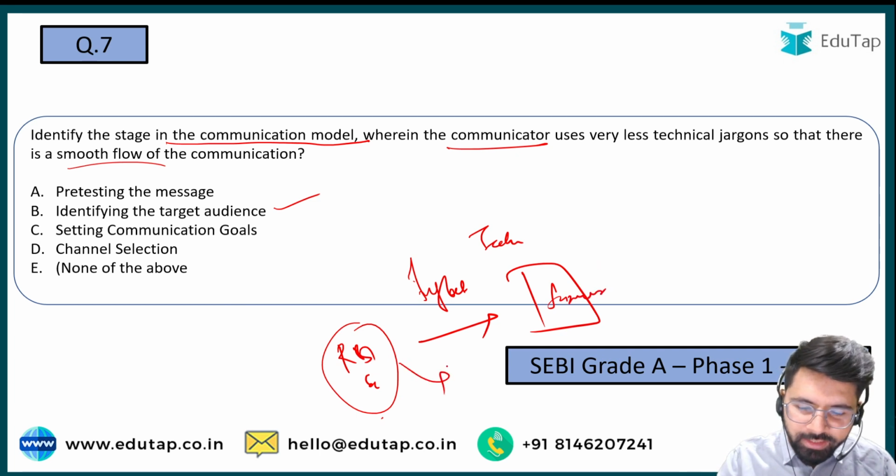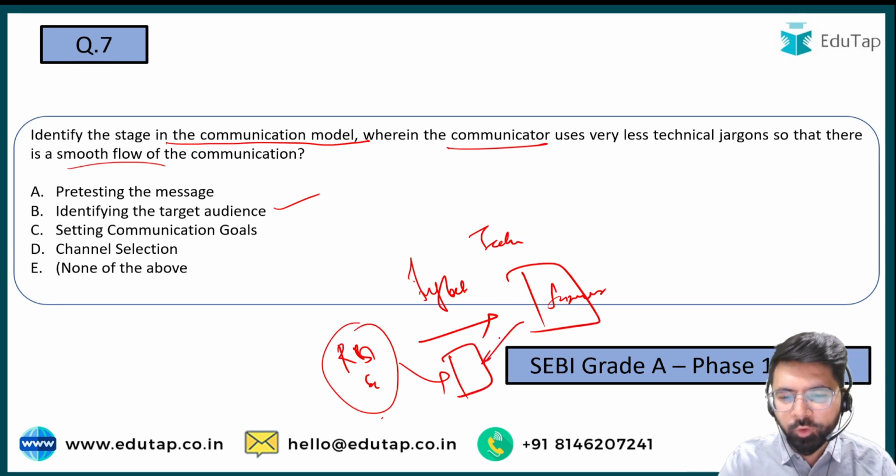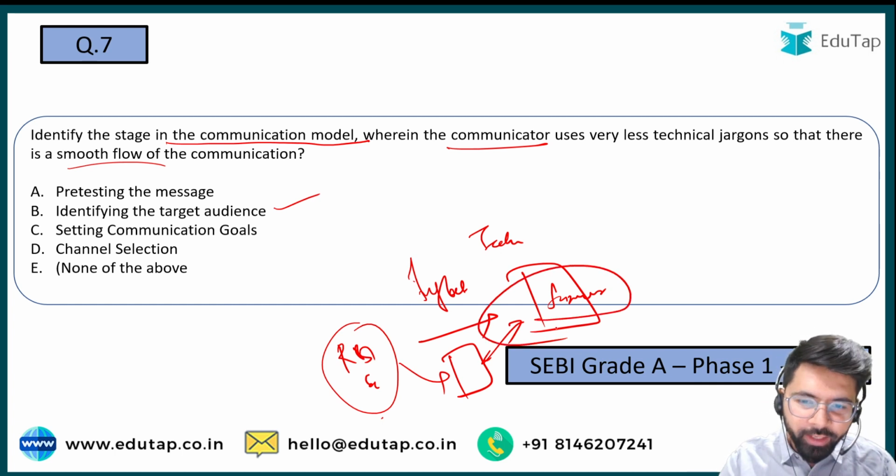So he needs to explain in a manner that they are able to correlate. If he uses technical jargon like derivative, all the technical jargon of the subject economics, then they will not be able to identify the idea put forth by the RBI ex-governor, Raghuram Rajan.